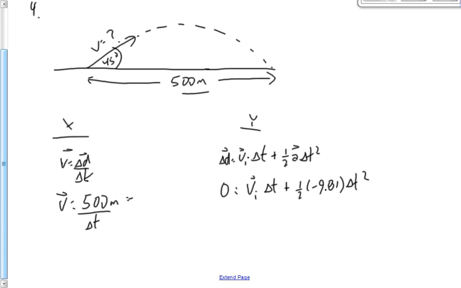We can cancel out a delta t, just like we have with the other problems involving a projectile launched at an angle. 0 divided by t is 0. VIT divided by t is VI. So in fact, 4.905, that's a half of 9.81, t squared divided by t is t. All right, a little bit simpler, but we still have two unknowns in that equation.